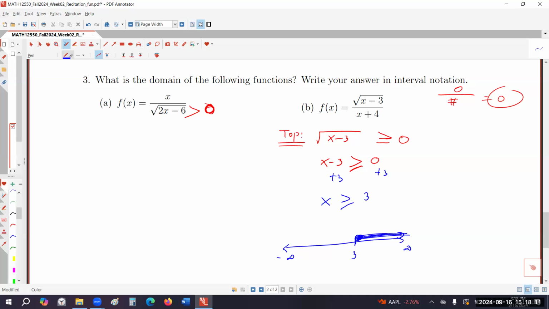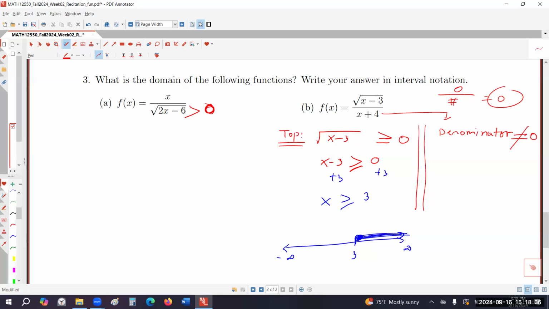Our second problem is on the denominator. The denominator can never be what? 0. Not x, okay? I'm not saying x cannot be 0.